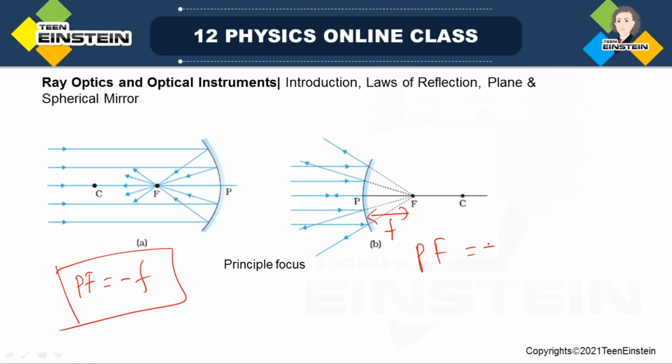And look, what is the sign of the radius of curvature? So this is the radius of curvature. In case of convex, this is positive. In case of concave, it is negative. You look from here, this much.